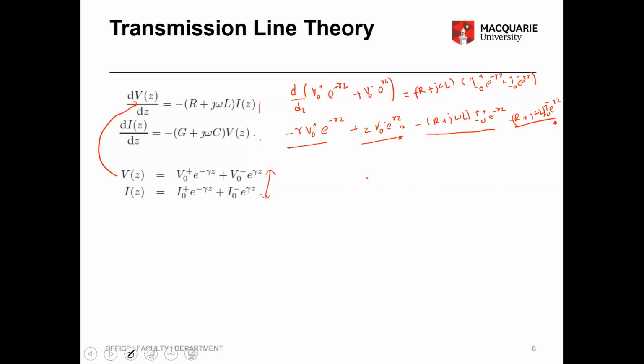So if you just look at the forward wave, the minus cancels out, and the ratio V0+ over I0+ is how we can define the impedance for this line. That's simply V0+ divided by I0+. So you get, cancelling this out, (R plus jωL) over gamma.